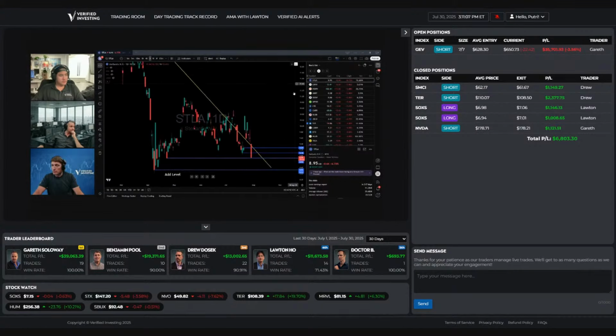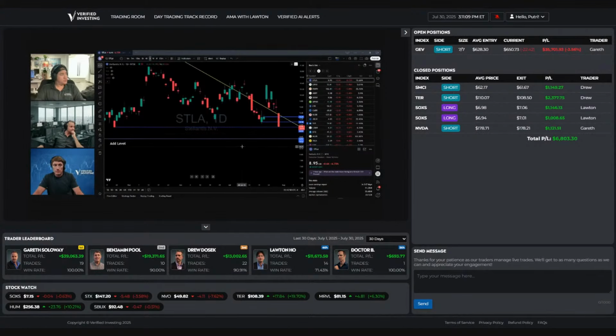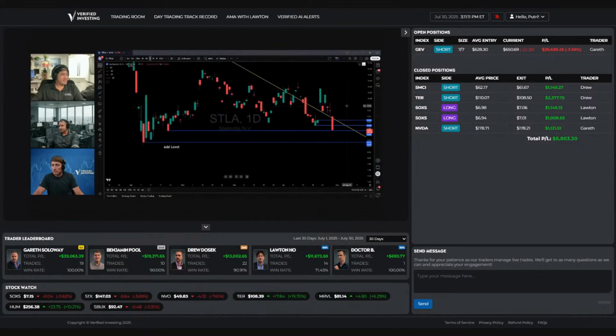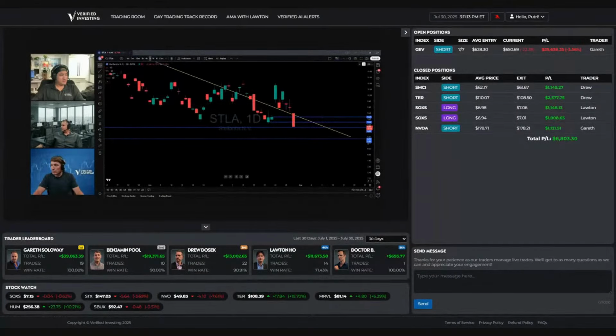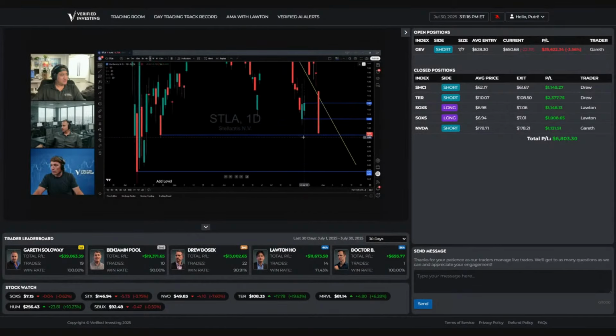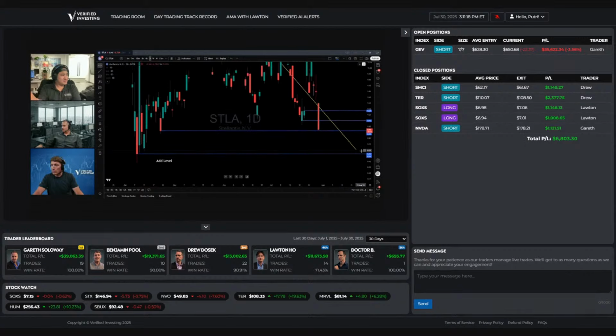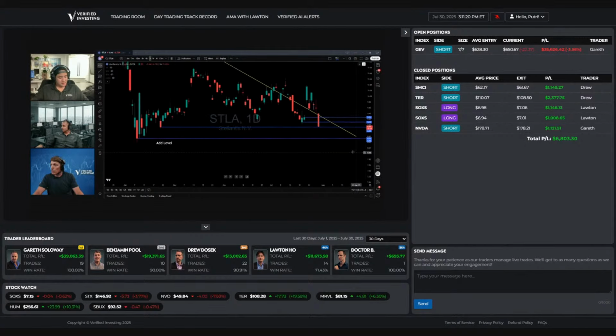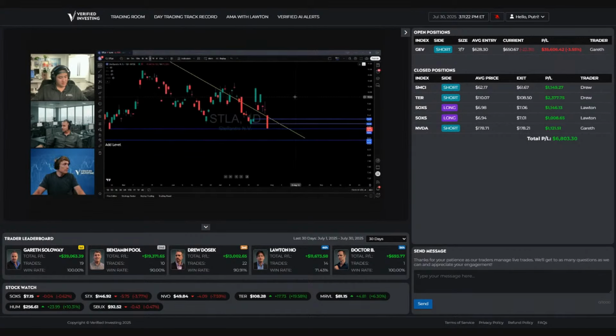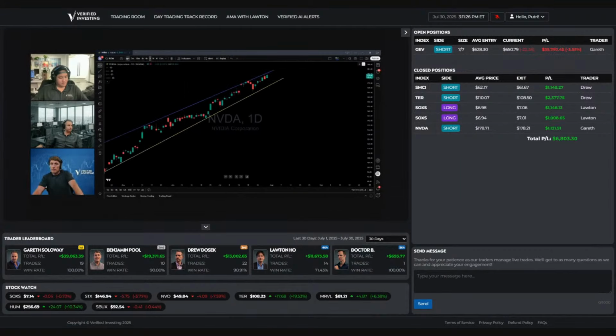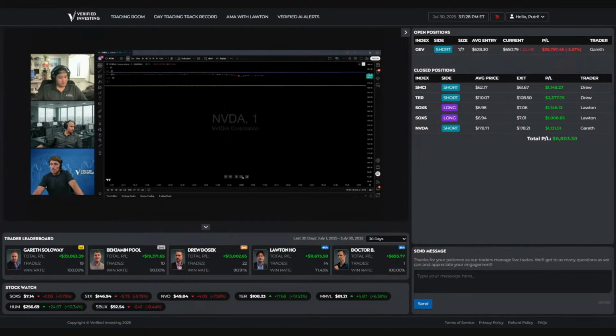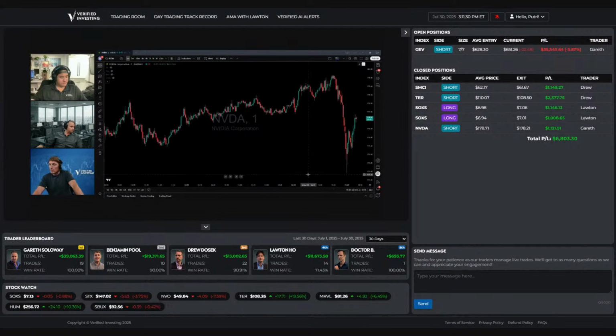Nvidia coming up for a reshort. Let's take a look. It's going to 179.30 basically now. Still about 50 cents away. Where did you get out? 178.21.